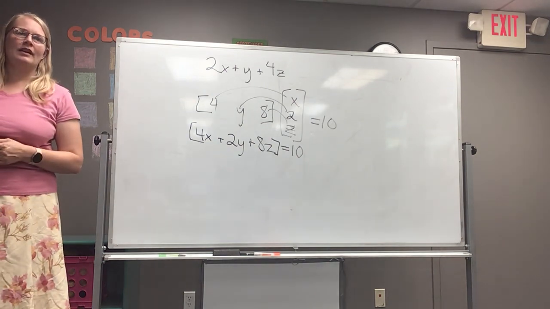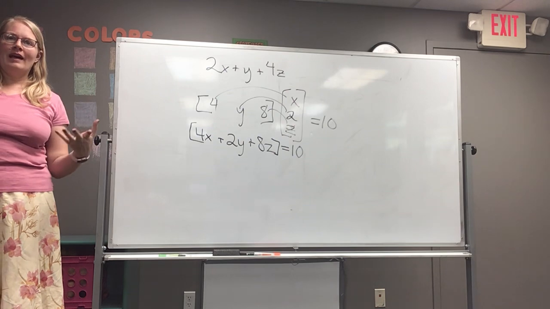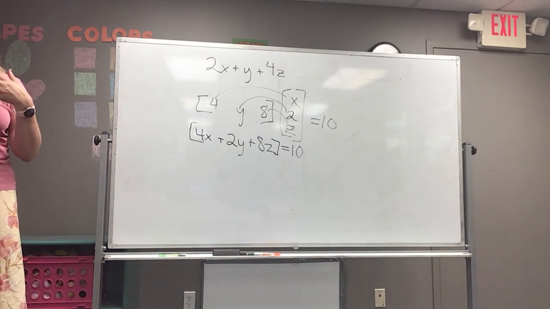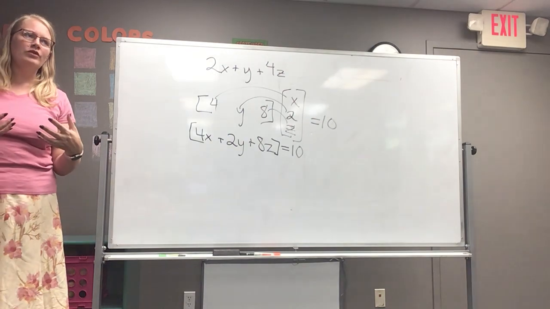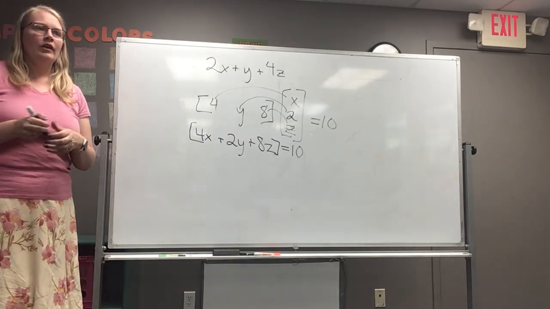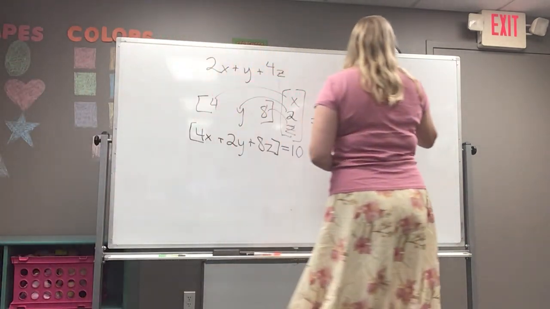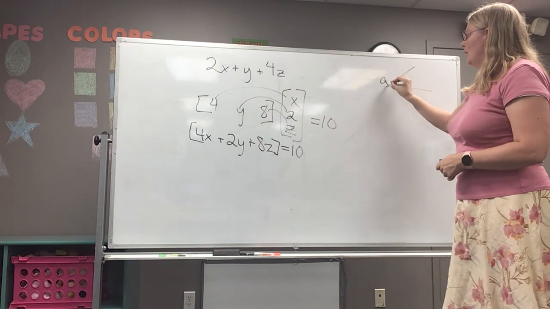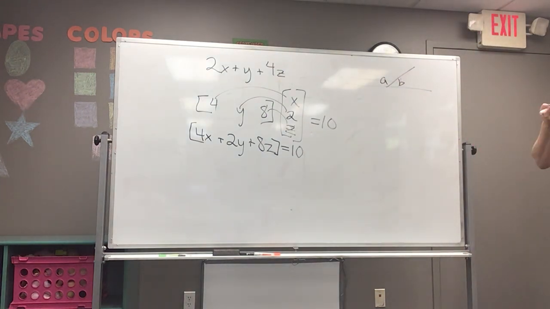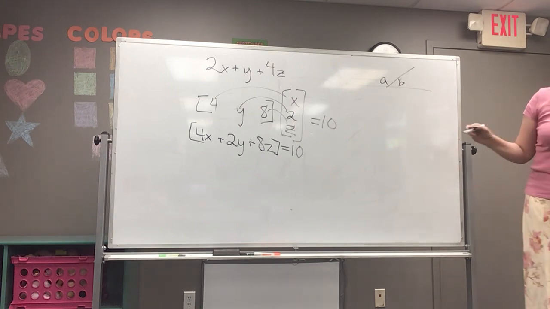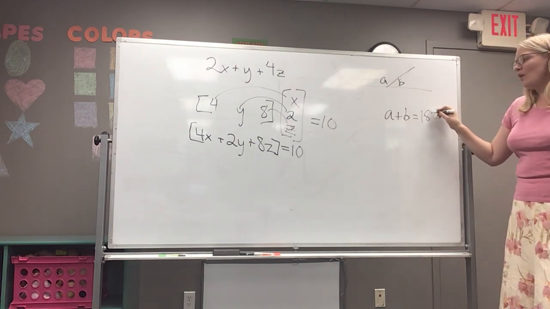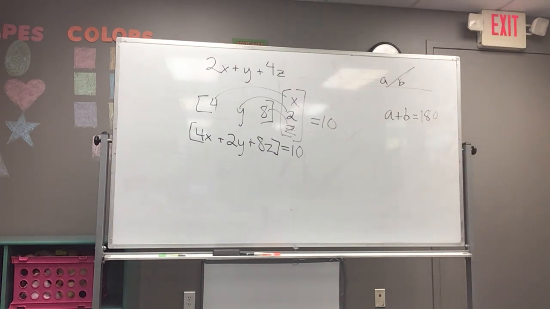So what's going on here is a very classic ACT facet: you can not know individual variables, but you can know how those things relate to each other. For instance, back to geometry, we can know nothing about angle A and angle B. We don't know what they are, but we know that together A plus B equals 180, the straight line.